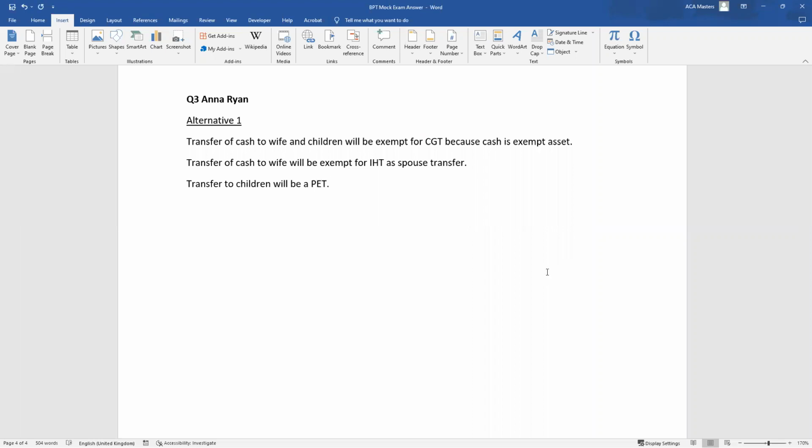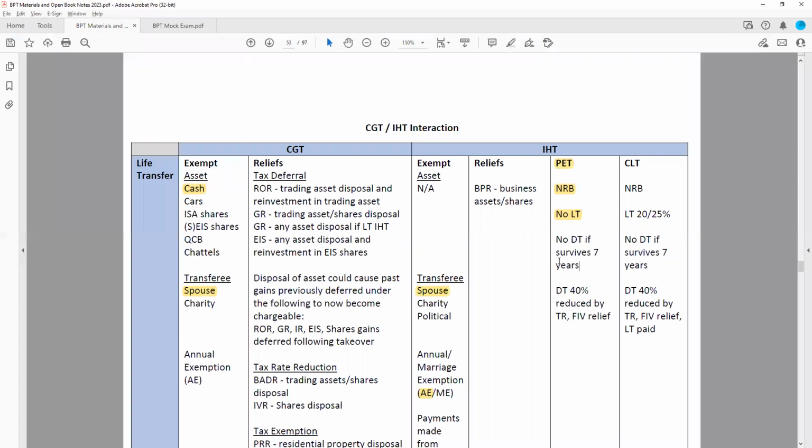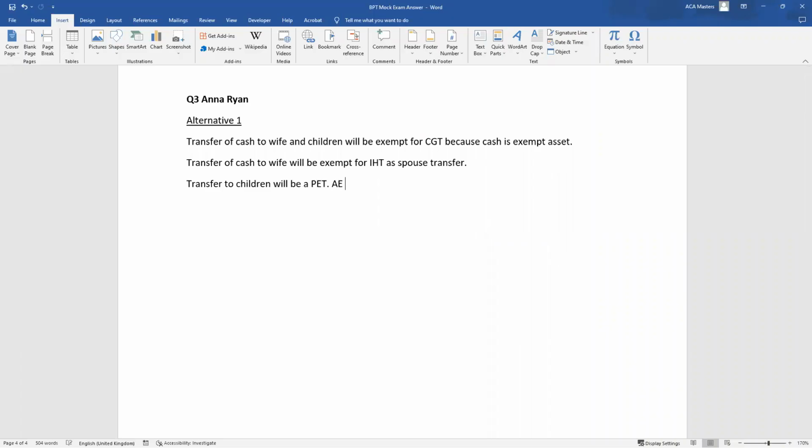And then we could make some of those more general points now. So you could say, annual exemption of 3K will be available, and 3K for the prior year if unused, maybe the quickest way to put that, but if she hasn't made that transfer in the previous year.